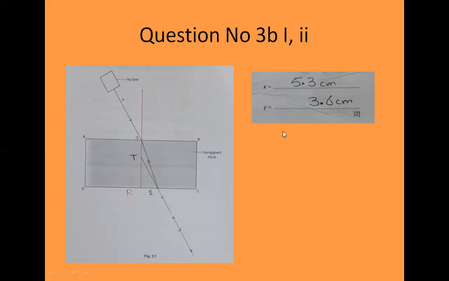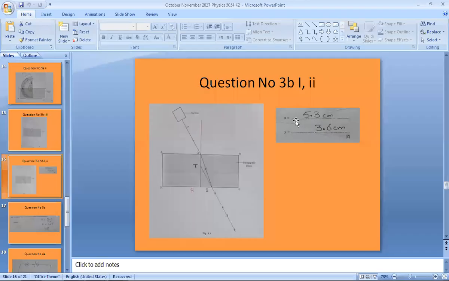The QS, which is represented with X here, is 5.3 centimeters, and the ST, which is represented with Y here, is 3.6 centimeters.